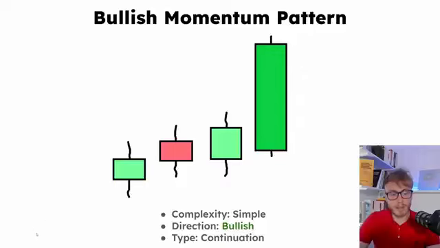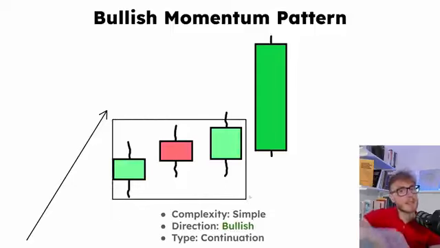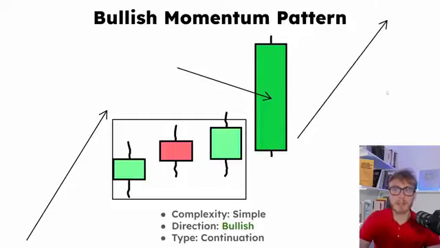So before this pattern we preferably want to see an uptrend, but after this uptrend the price should enter a sort of sideways or consolidation phase. This movement can be slightly upwards, or it can actually also be sideways or even slightly downwards. Then the actual pattern appears, and the goal of this pattern is to continue the price upwards.